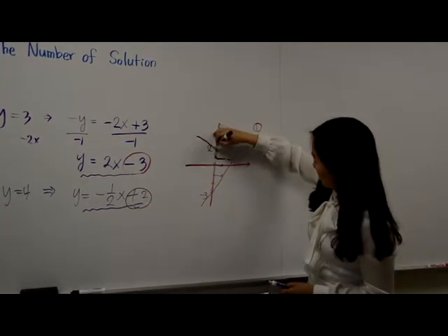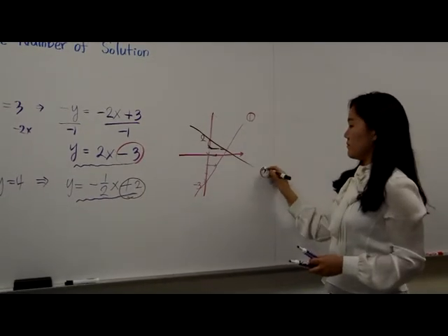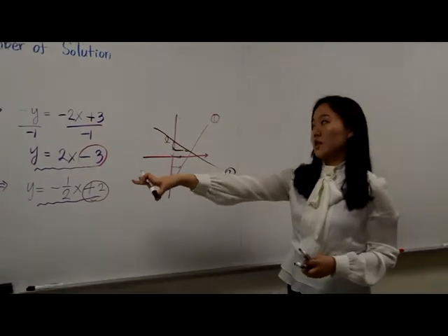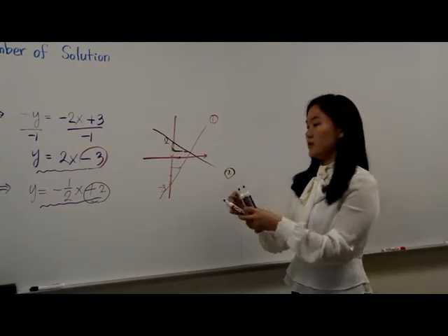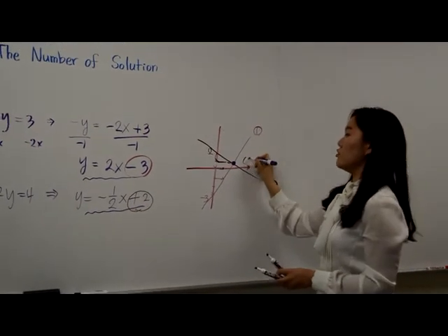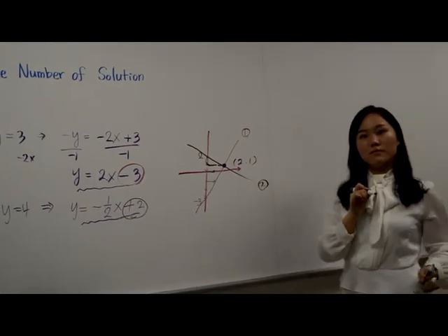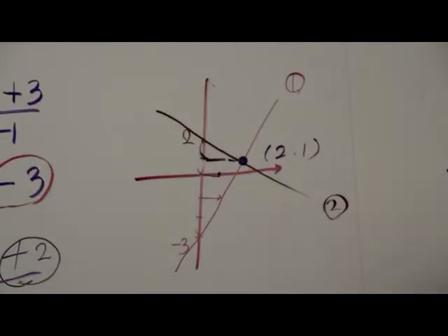So it makes the second equation. And the solution is the intersection point of these two lines. So this point would be the solution, (2, 1). Make sense?